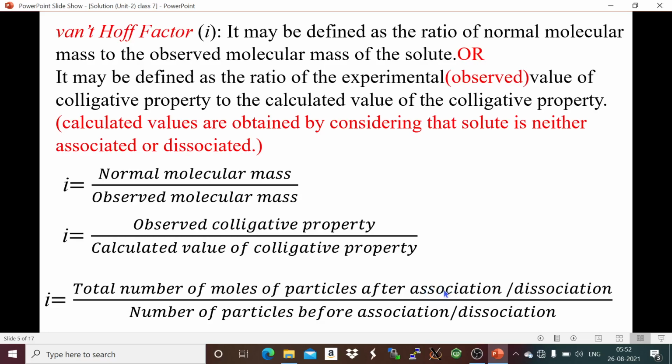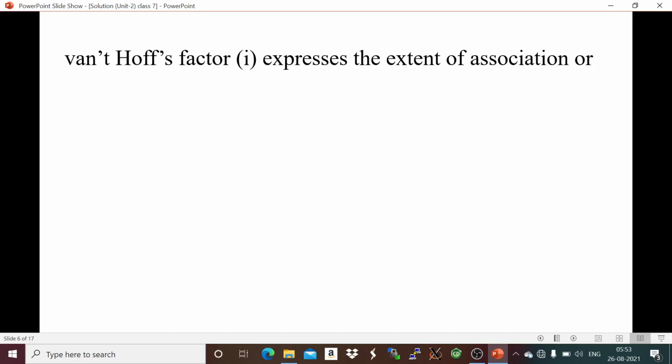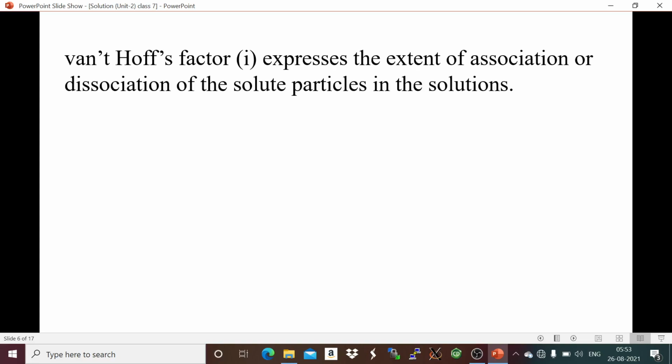So if this numerator value decreases, then the value of i is less than 1 in case of association. So the Van 't Hoff factor i expresses the extent of association or dissociation of the solute particles in solution.